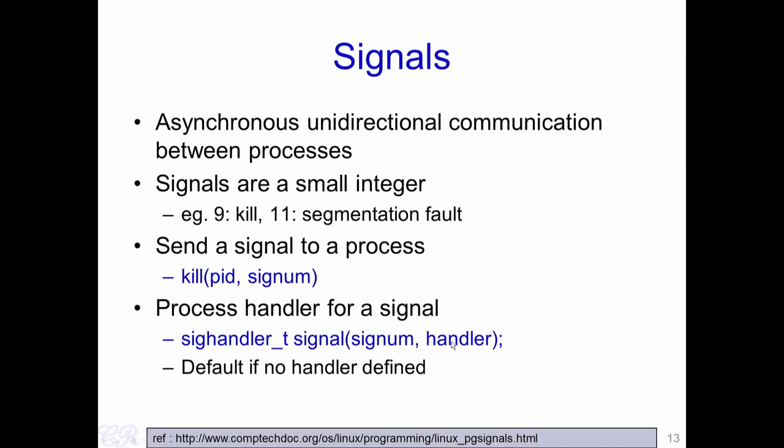The handler is a pointer to the signal handler for that particular number. As a result, we could send signals from one process to another, and depending on the type of the signal, the corresponding handler would be executed.